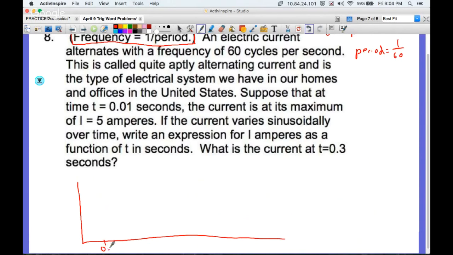At 0.01, we need to be at our maximum of 5. Now it doesn't say this, but the minimum is 0. It's going to come all the way back down to 0. So it's going from 5 to 0, 5 to 0, 5 to 0, and it's doing it really fast. So this is just going up and down super fast.